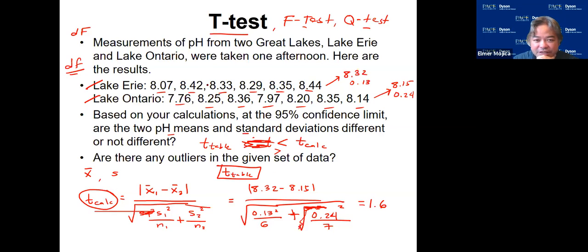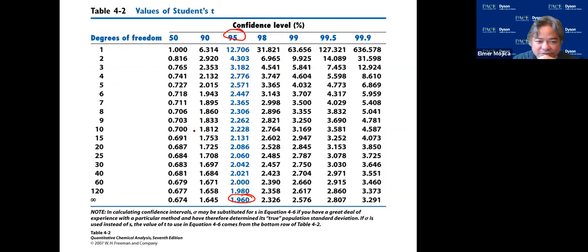So we have 6 and 7, minus 2. And that will give us 11. So that means we're going to look at the value here. It's either here or here, but closer to 2.2. Now, what can you say about the value here?